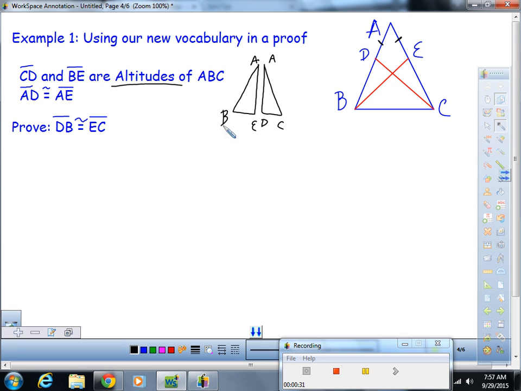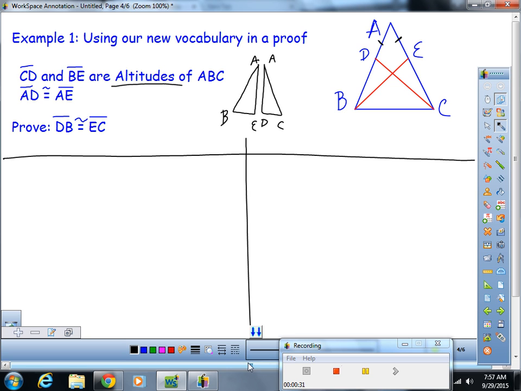So I just pulled those pictures out because I think it's going to help me in my proof. All right, let's see it. I don't know if I'm going to have enough room to do all this. I'll try to write as small as I can. So CD and BE are altitudes, and AD is congruent to AE.